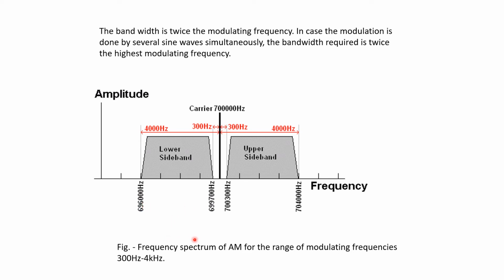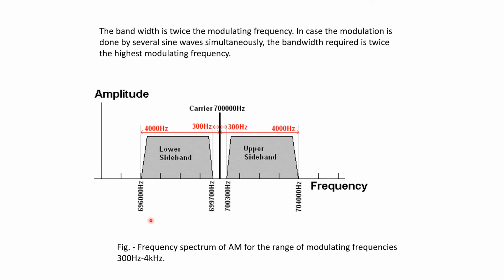So this is the frequency spectrum of an amplitude modulated wave when a range of modulating frequencies is to be transmitted, and in the present case we have taken the range as 300 hertz to 4000 hertz.